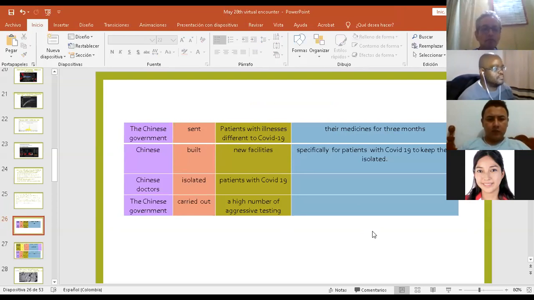So we are going to review how to change sentences that are in past simple in an active voice to a passive voice. Today we will review only that topic, for sentences that have verbs in past simple, right?